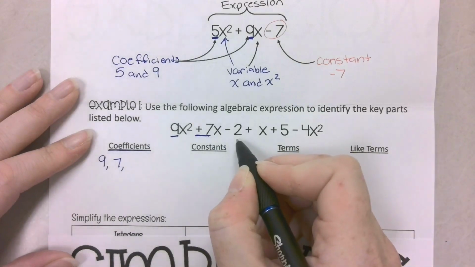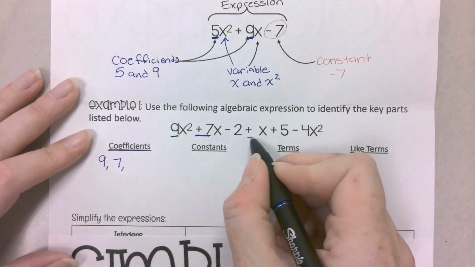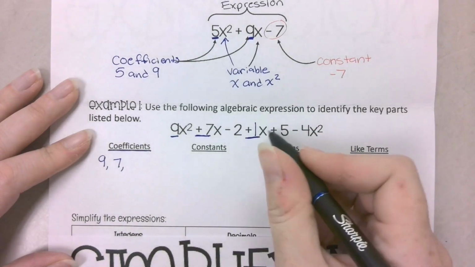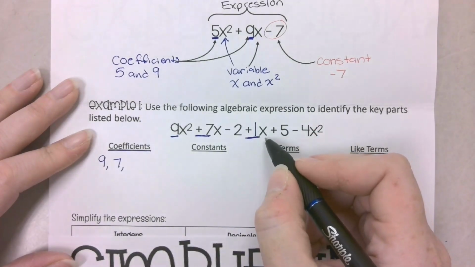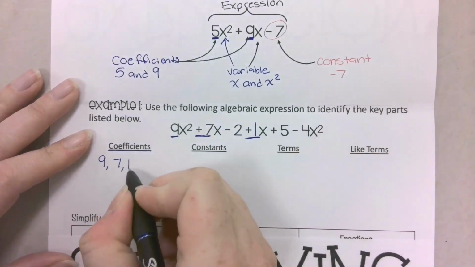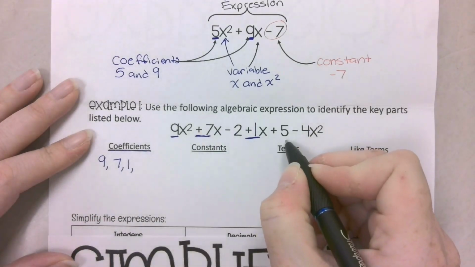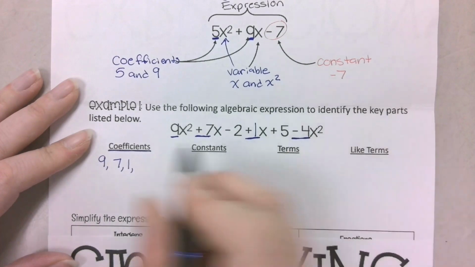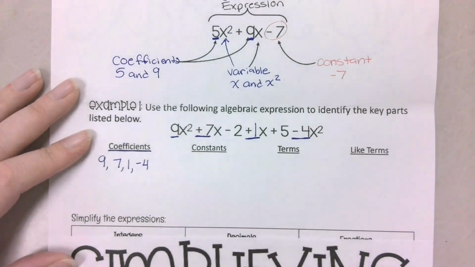There isn't a coefficient then. Here, there's a very special invisible coefficient of 1, because that would be like 1x algebra tile, so there's one of them. Constant, no coefficient. And then finally we have -4, because remember it takes the sign in front.